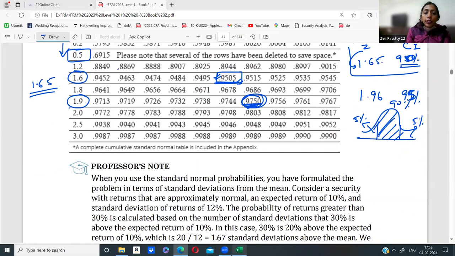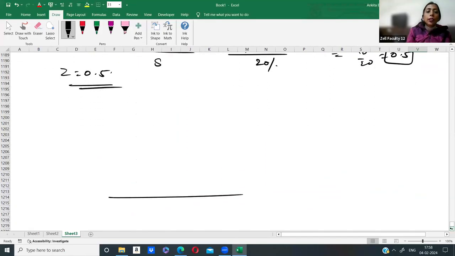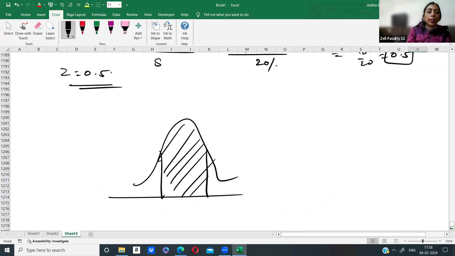What I am meaning to say, this is my normal distribution. If 90% is the confidence interval, this whole is 90%. Being a symmetric distribution, the remaining is 10%, so 5% will be here and 5% will be here.